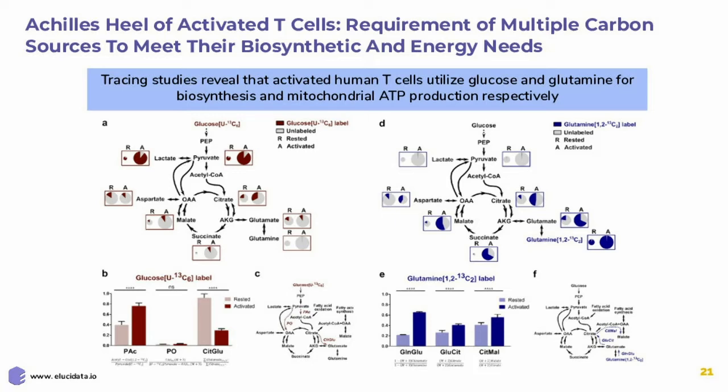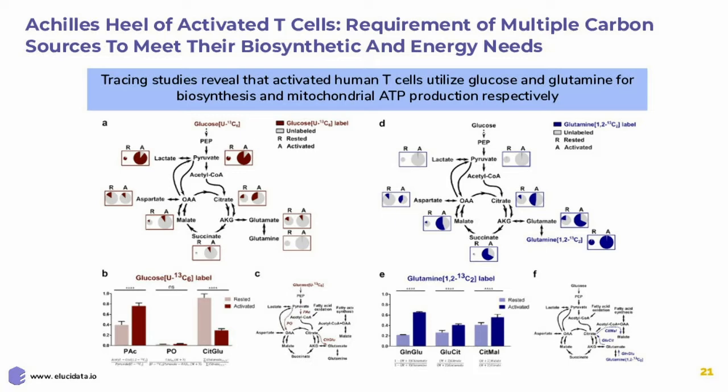The pie chart in the middle shows the percentage of label that is coming from the glucose that we had fed in, and you can see that it's a very, very similar proportion. So essentially the cells were augmenting the ability to take up glucose, but they were not reprogramming the way in which they were utilizing the glucose as it went through the metabolic pathways.